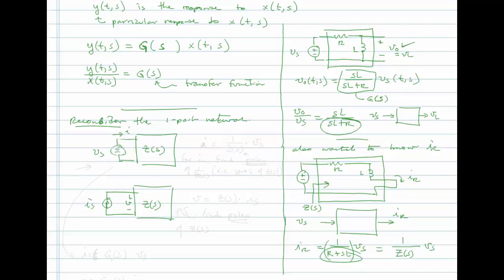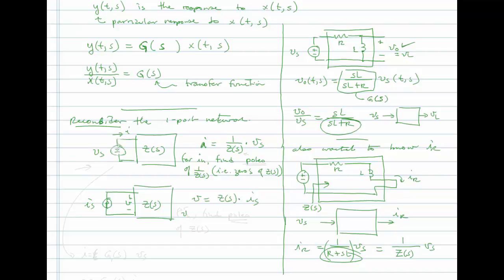What we'd write is, I in this case is equal to 1 over Z of S times VS. And here we would write V is equal to Z of S times I of S. And to find the natural response, IH in this first case, we would look for, so for IH, find poles of 1 over Z, i.e. zeros of Z of S. That's what we called it before, but really it's a pole here.